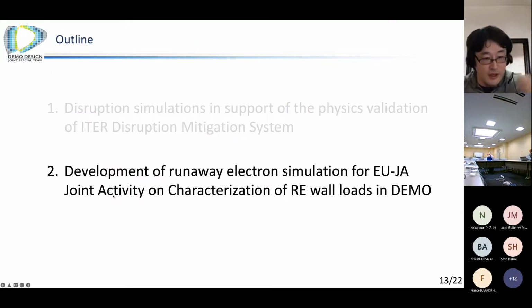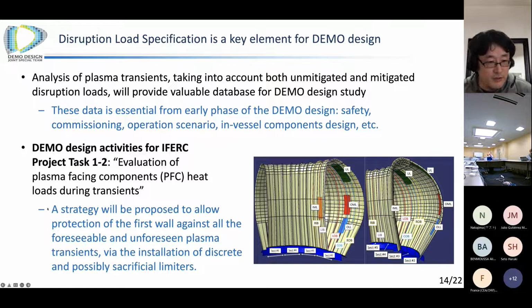I'm sorry. The purpose of this work is to build up a strategy to allow the protection of the components against foreseeable and unforeseen plasma transients via the installation of discrete and possibly sacrificial limiters.